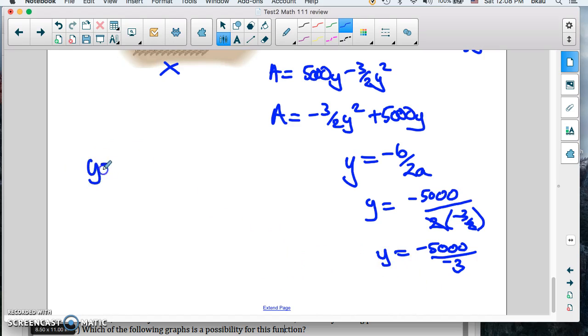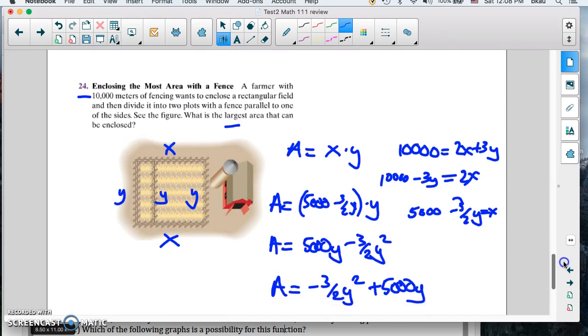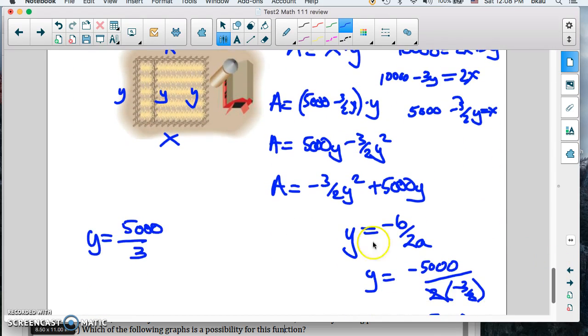So y is equal to 5,000 divided by 3. Okay, so in this case, that's in feet, I believe. Meters. So that's this distance along this side.